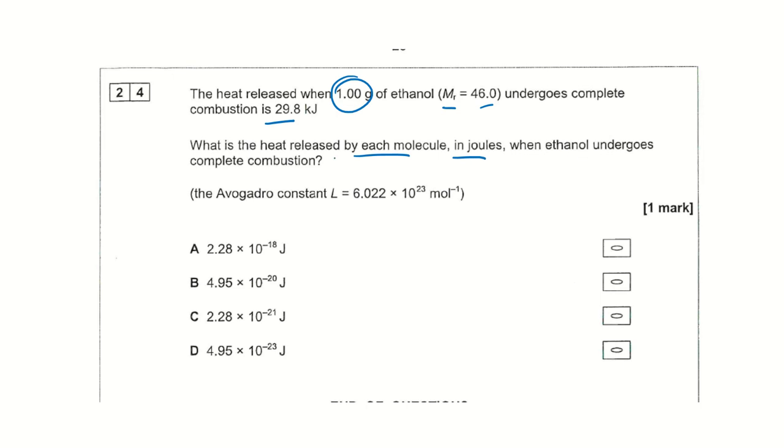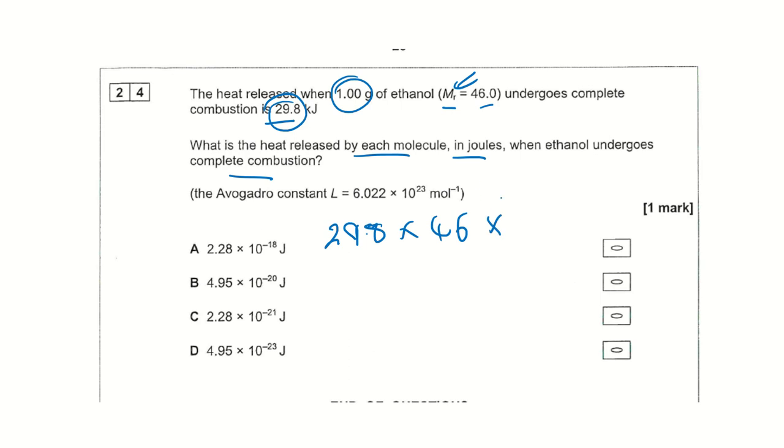Complete combustion is per 1 mole. So the first thing I would do is take 29.8 and multiply it by 46. 46 is the Mr of ethanol. 1 gram gives you 29.8, so therefore 1 mole is going to give you 46 times that.